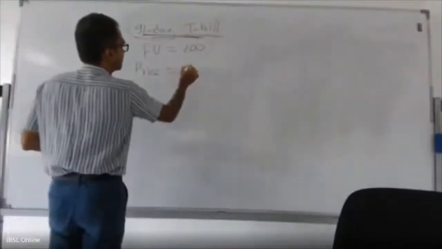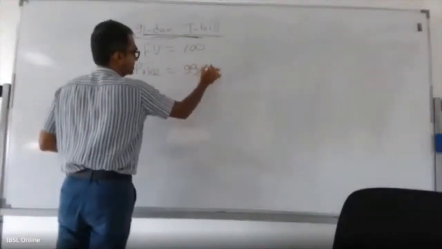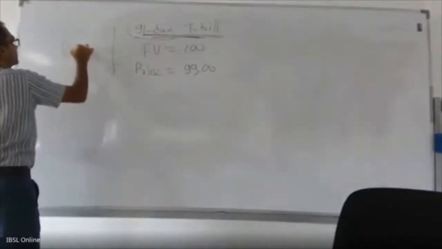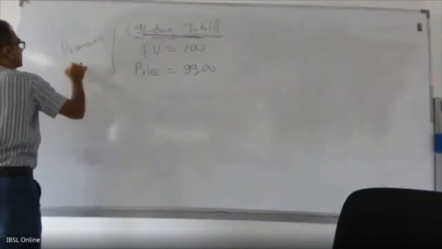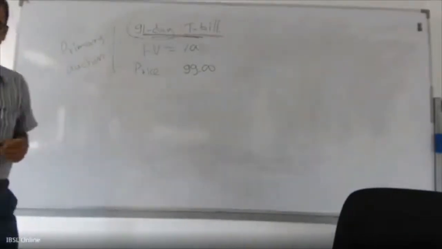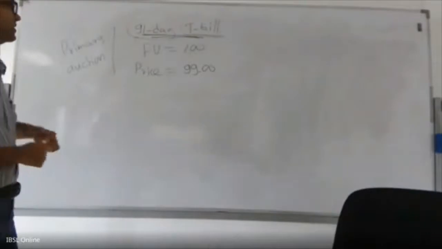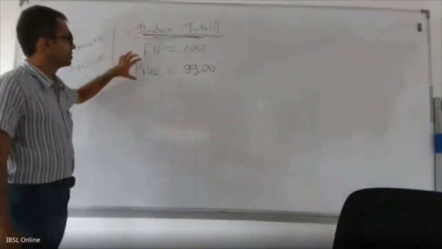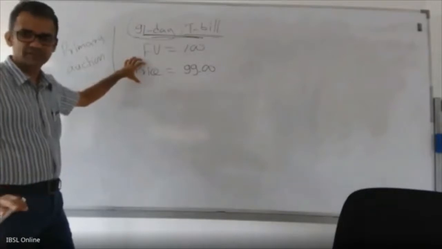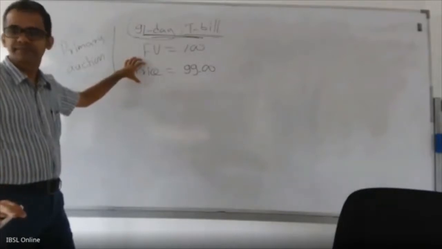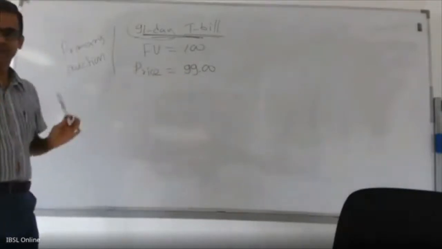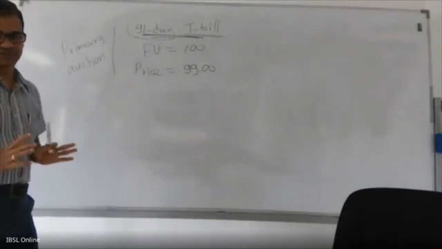Now again we go back to the original statements, that means the primary. Someone bought this 91-day treasury bill, paying 99 rupees. And assume he holds it until maturity.